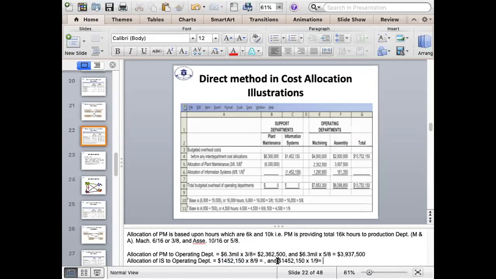If you multiply this number by this, you're gonna get this number, which is 1,290,800.